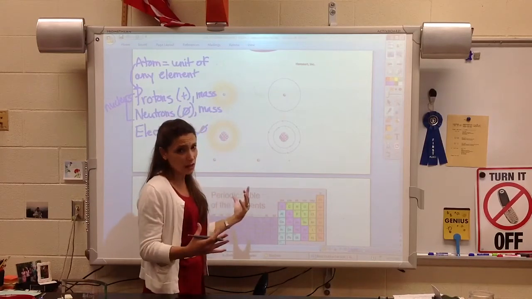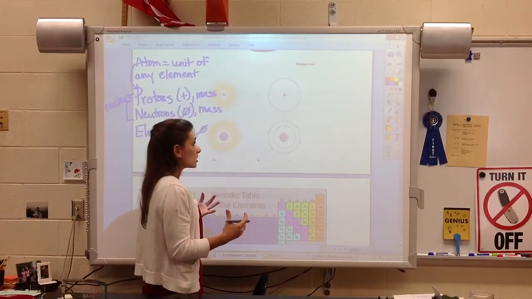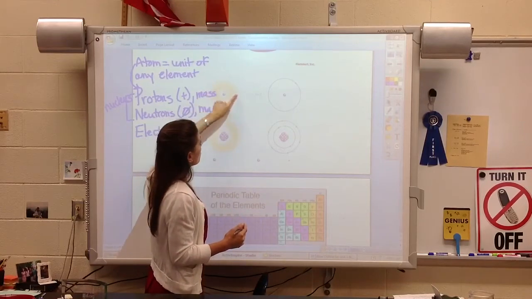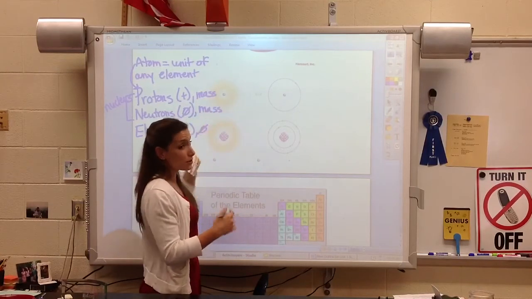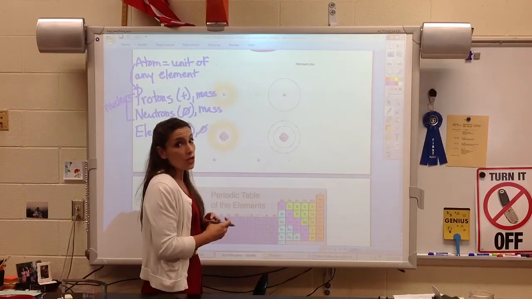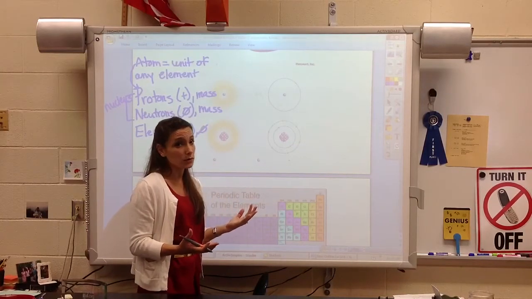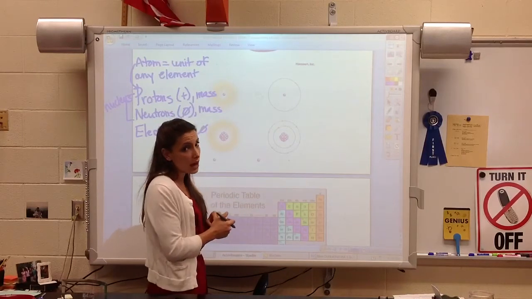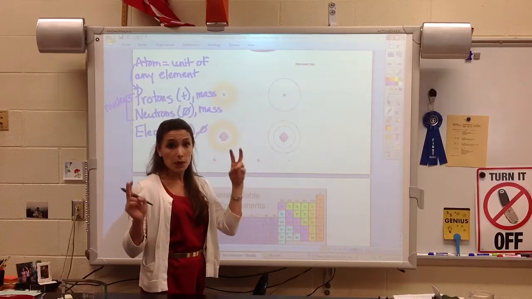But they don't stay in one place. They're in constant motion. And so a lot of times they're represented as a cloud. We can predict about where they would be, but they're never in one particular spot. The most important thing about those orbitals is that it has to do with how the atom, quote unquote, behaves.